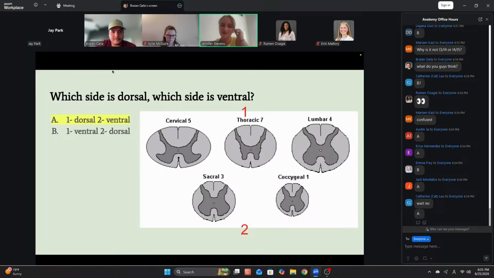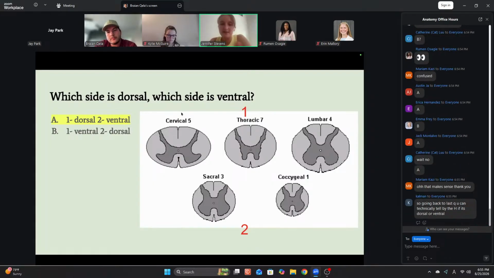That's how I used to identify it, but you'll also be able to see a big distinction between the fissure and the sulcus. Some people use that because, depending on where you're looking at the spine, it can be really tiny and really hard to see the gray versus white matter. These images make it pretty clear. But yeah, that's just more lab-based review.